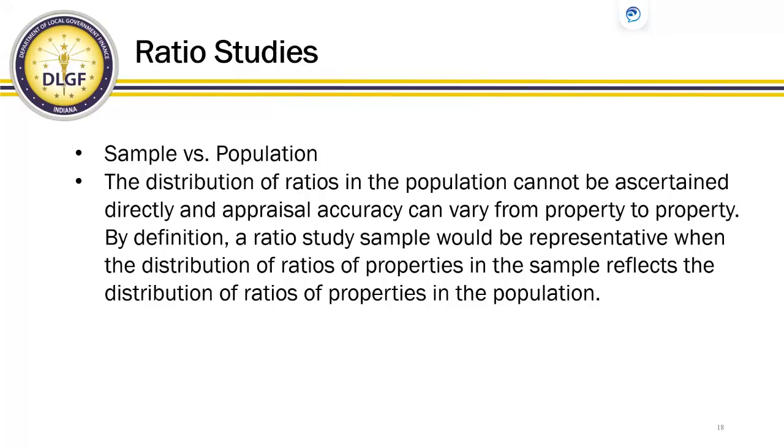If we look at just one property or even at one particular group of properties, which we would call a sample, we may not come up with a ratio that matches that of the population, which would be an example of a non-representative sample, and that's not our goal. We would like our samples to be as representative of the population as possible.